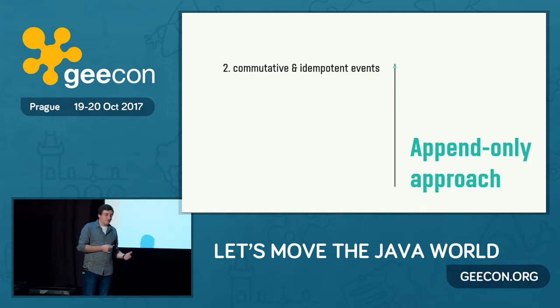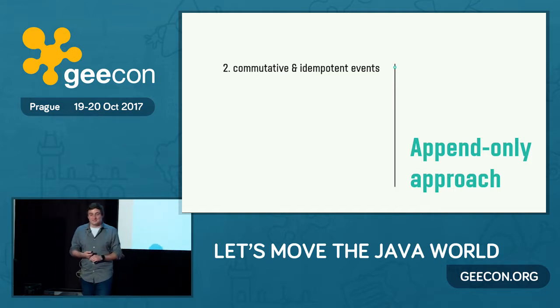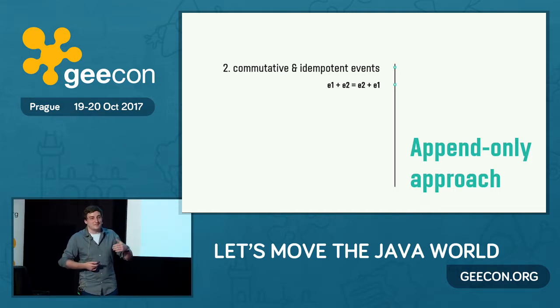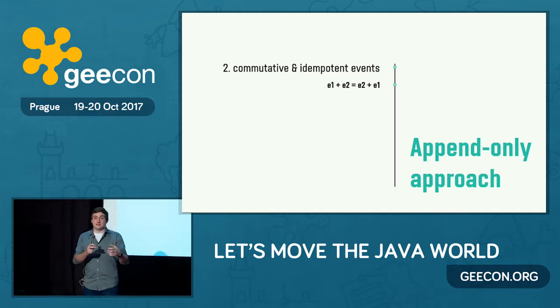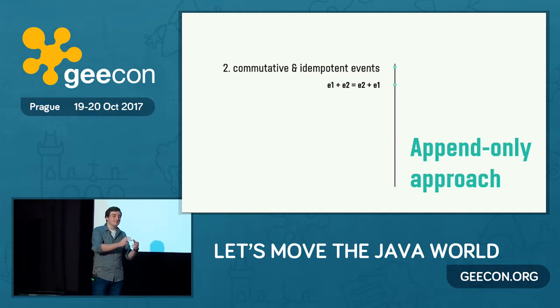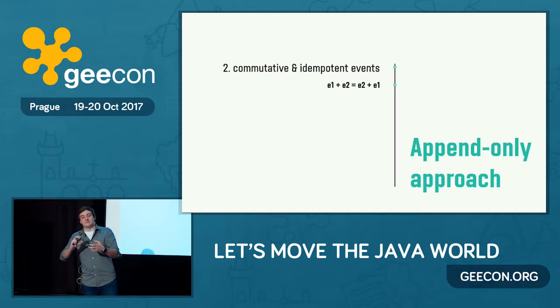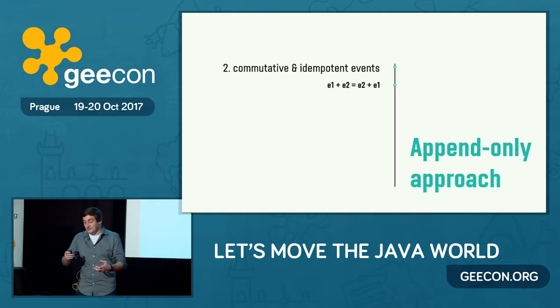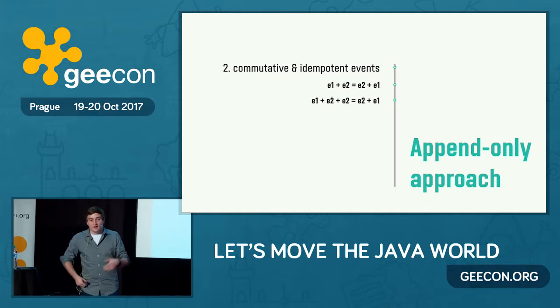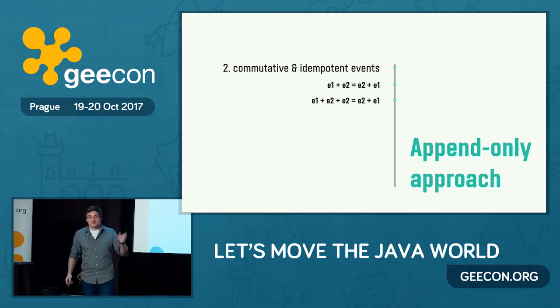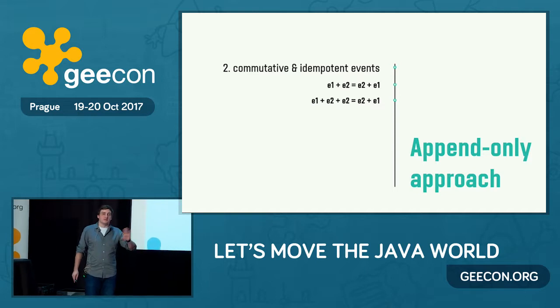The second kind of event are commutative and idempotent events. It basically means that if I have an entity and I apply event 1 on it and then event 2, it will have the same effect as if I apply event 2 and then E1. By idempotent, I mean that if I apply E2 many times, more than once, it will not affect the result of applying that event to my original entity.